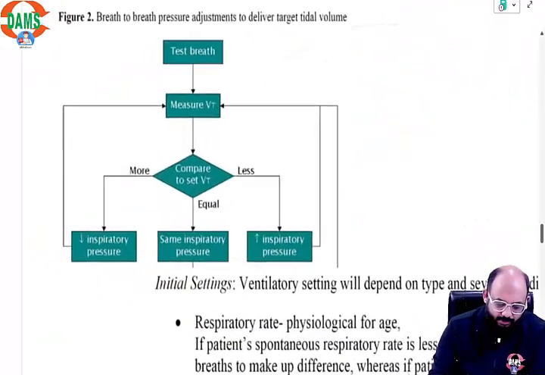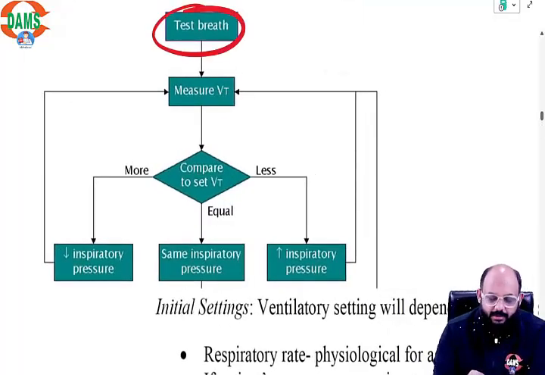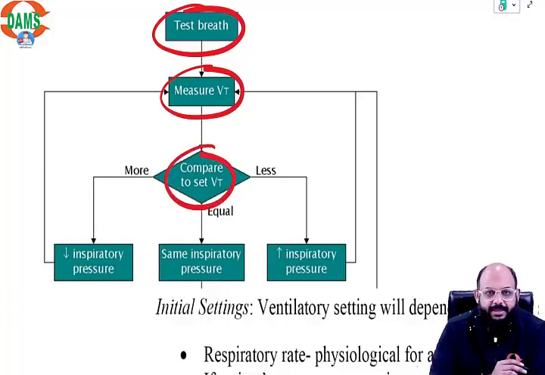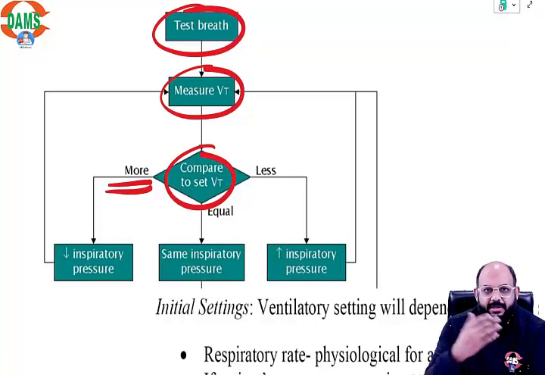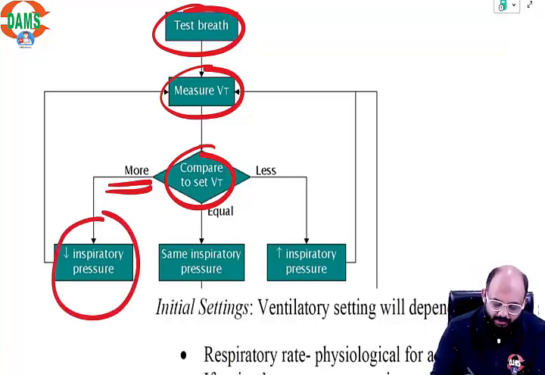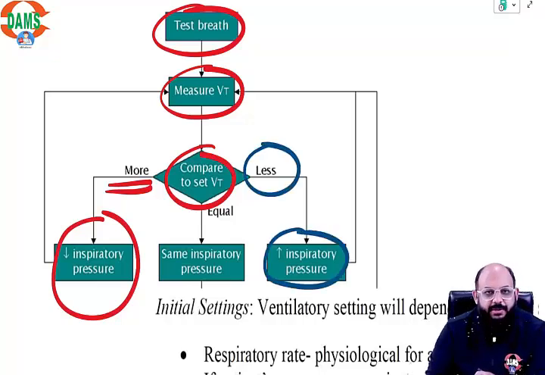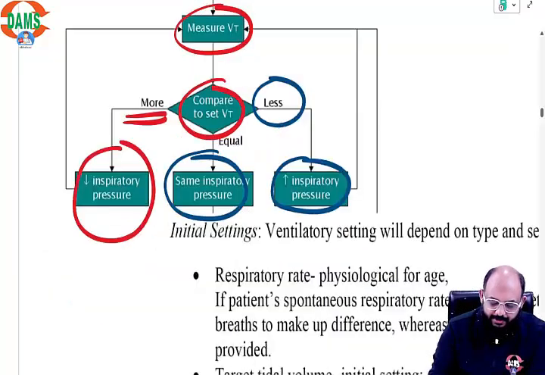So what happens is usually this is how it looks. Initially you have a test breath which will measure the tidal volume compared to the set tidal volume. If the patient is receiving more tidal volume than the set tidal volume, it will decrease inspiratory pressure. If it is delivering less than the set tidal volume, it will increase inspiratory pressure. If it is the same, the inspiratory pressure stays.